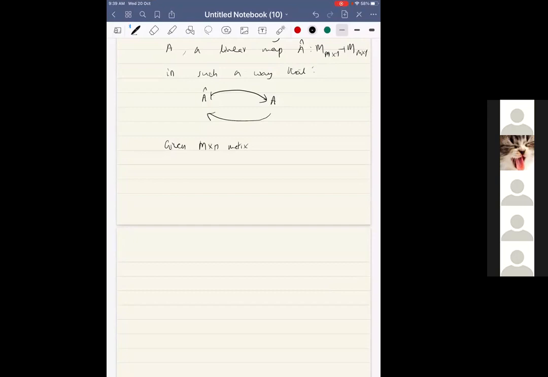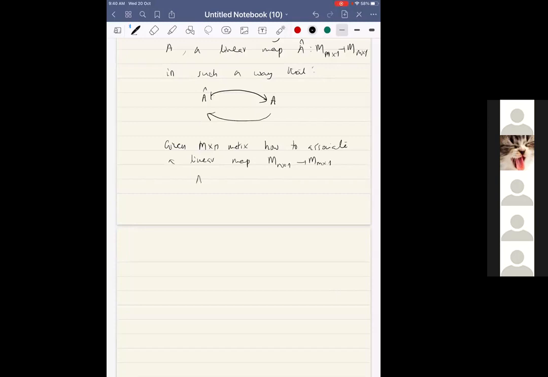So now, how do we associate a linear map from column vectors of length n to column vectors of length m? Well, there is an obvious way to do it.